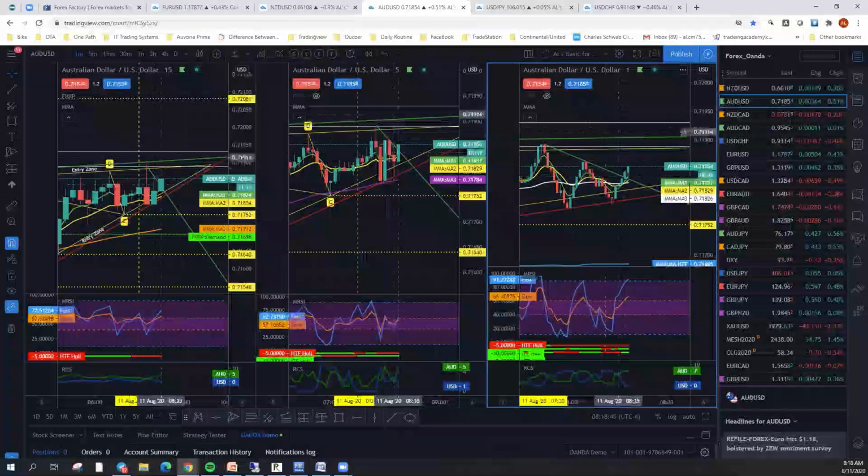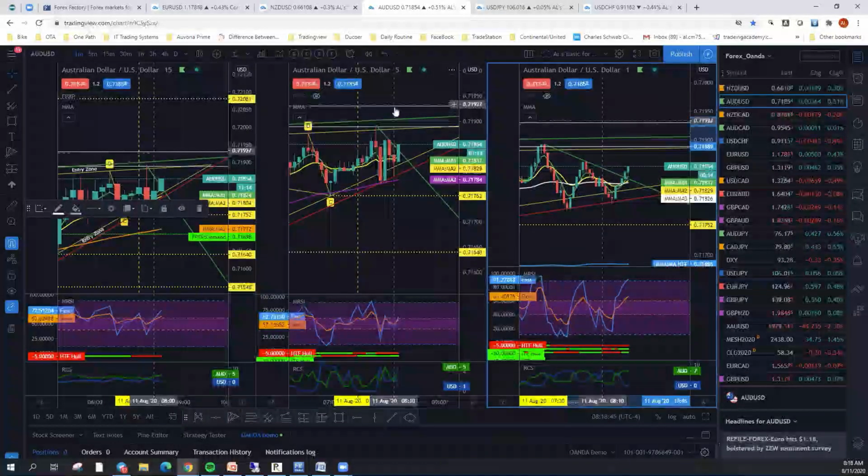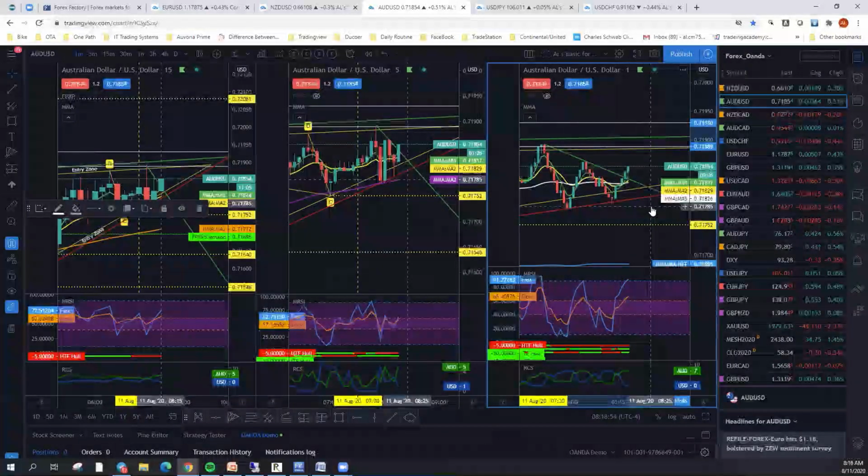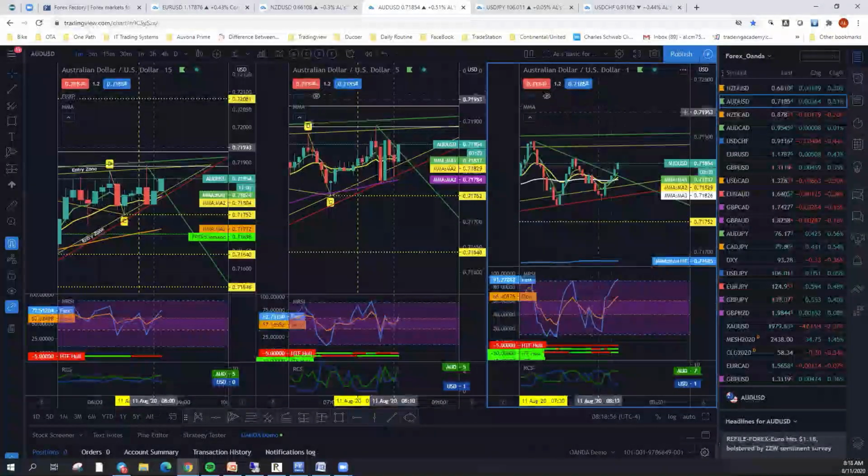It looks like a lot of lines in here, but I'm going to take some of these off so you can keep an eye on it. Here's our green line.